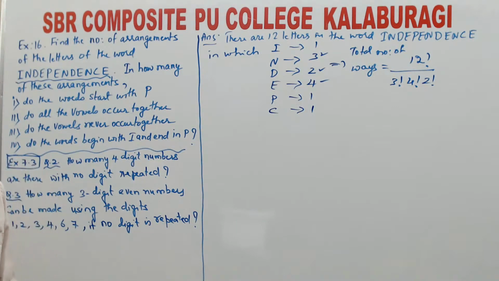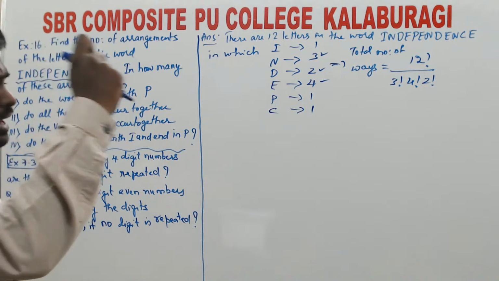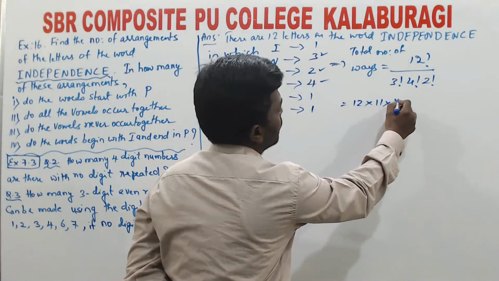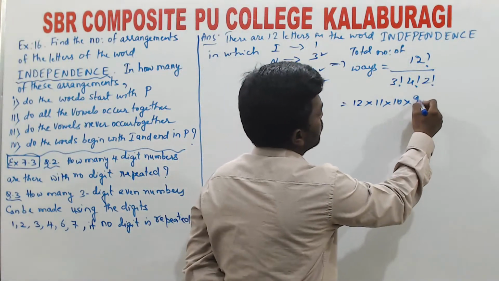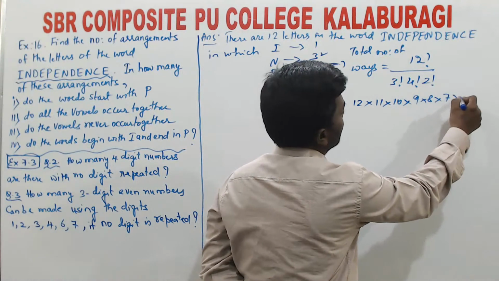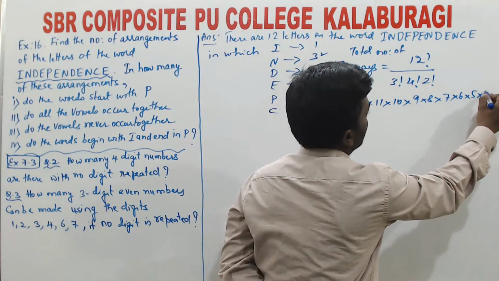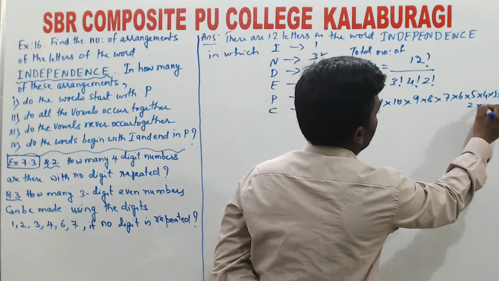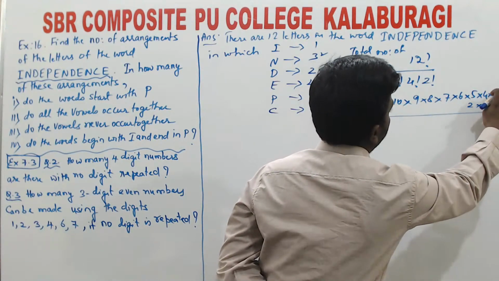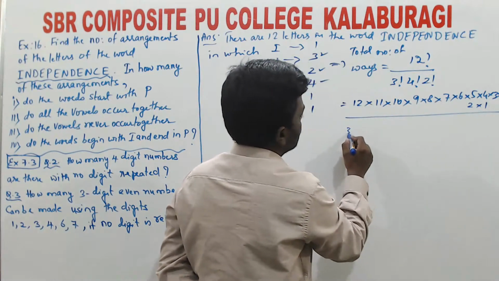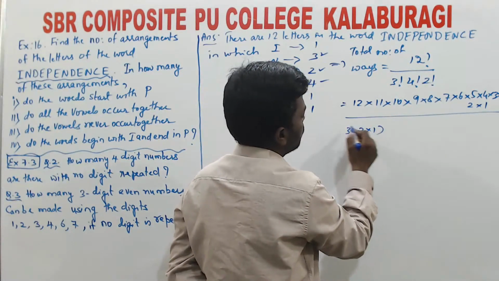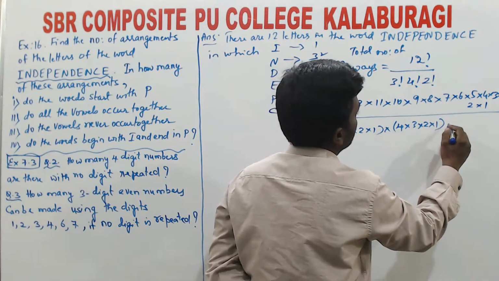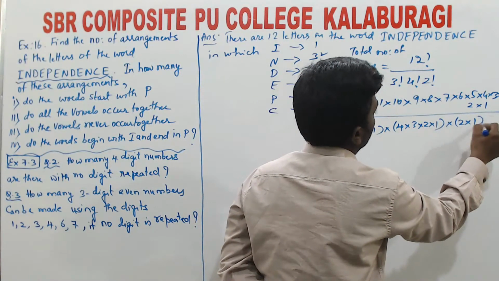Yes, students. Now let me solve this one. It's 12 into 11 into 10 into 9, 8, 7, 6, 5, 4, 3, 2, 1, whole divided by 3 factorial, that is 3 into 2 into 1, 4 factorial, that is 4 into 3 into 2 into 1, and 2 into 1.